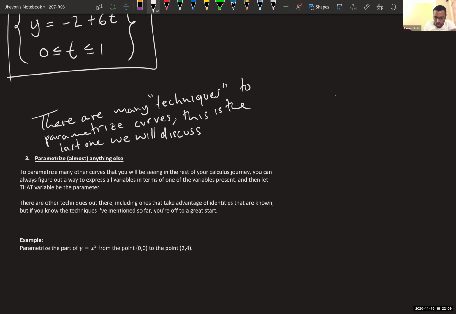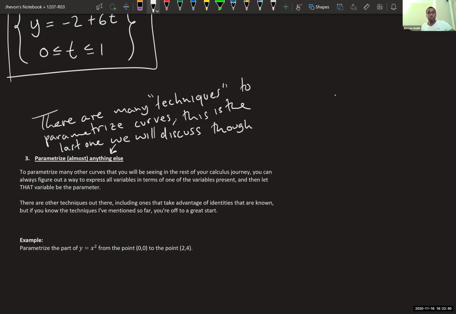Knowing how to parameterize circles, straight lines, and using this technique for almost anything else, you can get pretty far doing that. In fact, when I was a little Jhevon going through undergrad, and I was doing a class like Multi-2, I never found a reason to use anything but this in the class. However, with certain homework problems, they got a little bit more sophisticated.